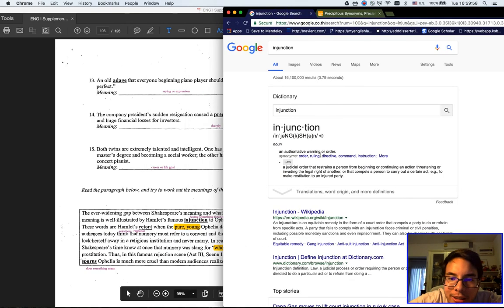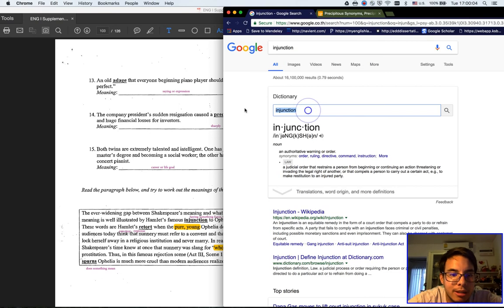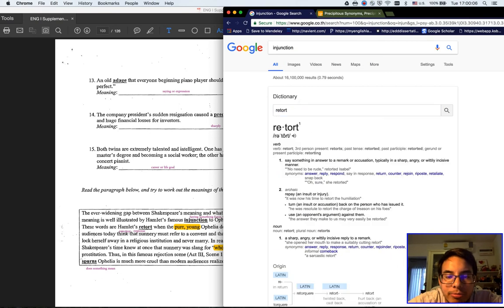So injunction: authoritative warning or order, saying something with force. We put that there, that fits. Okay. How about retort? Retort: saying something to answer a remark or accusation. That's pretty close. Typically saying it in a sharp, angry, witty manner.